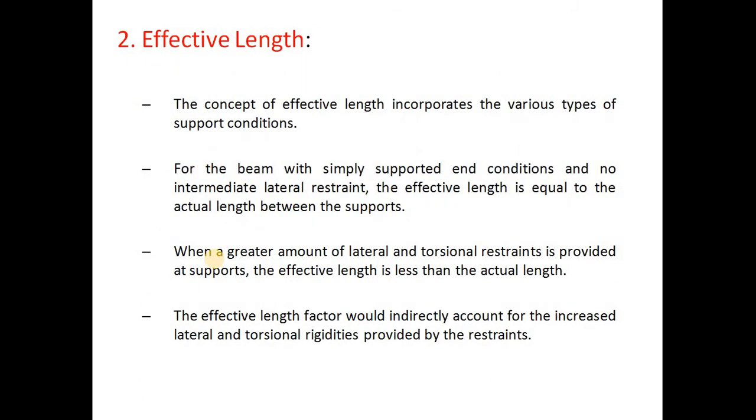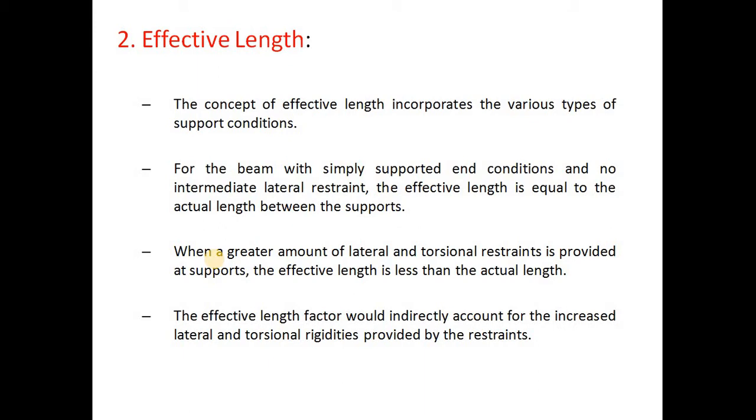Okay, the next factor on which the lateral stability of the beam depends is the effective length. The concept of effective length incorporates the various types of support conditions. For a beam with simply supported end conditions and no intermediate lateral restraint, the effective length can be taken as the actual length between the supports itself, only in the case of simply supported beams. When a greater amount of lateral or torsional restraint is provided at supports, the effective length is less than the actual length.